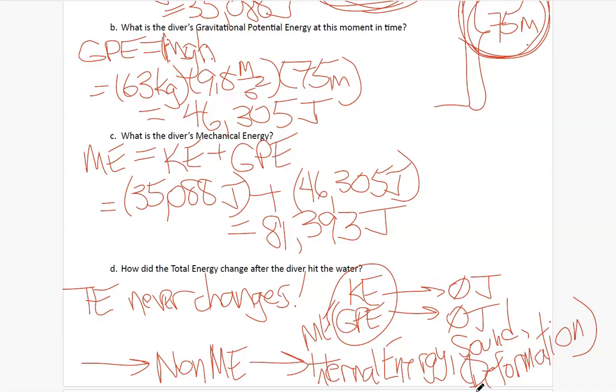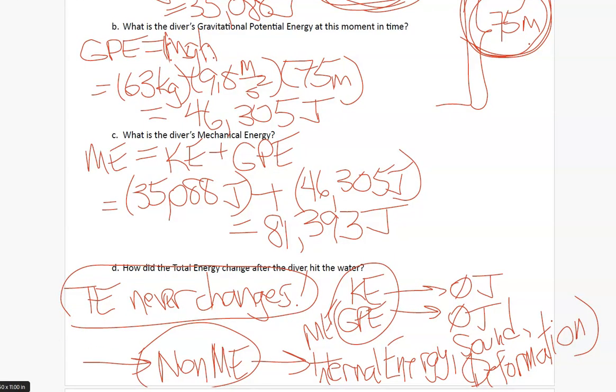But that energy has to go somewhere, and it went into a combination of different energies that make up the non-mechanical energy. But the fact is, the total energy never changed. There is conservation of energy. And this is a good place to stop.